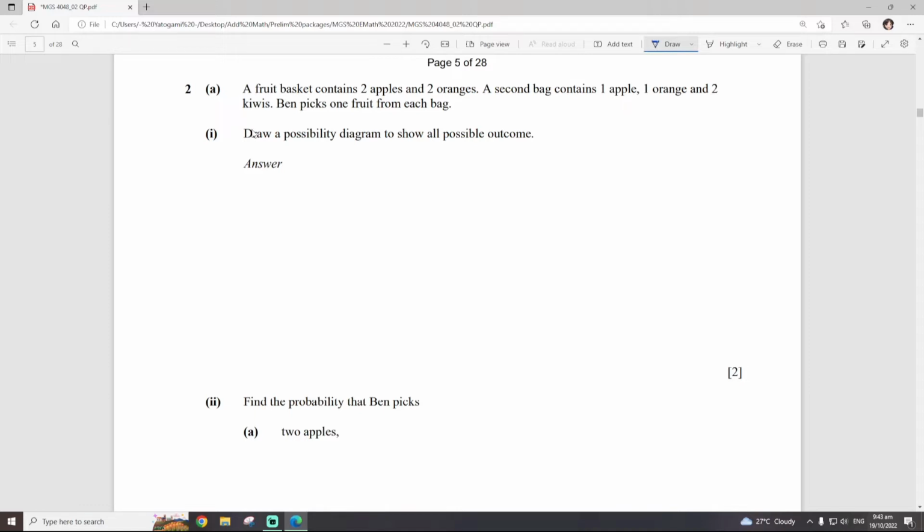So there's a probability that he picks an apple, and there's a probability that he picks an orange. The probability here is 1 over 2, so it's half and half.